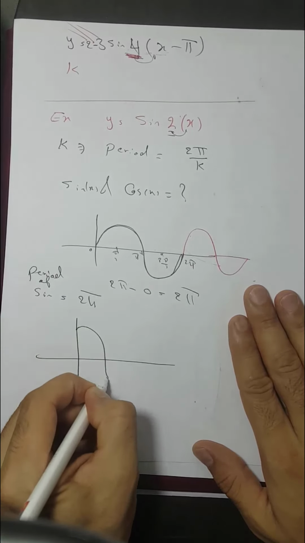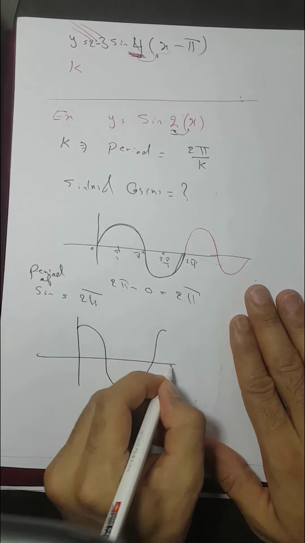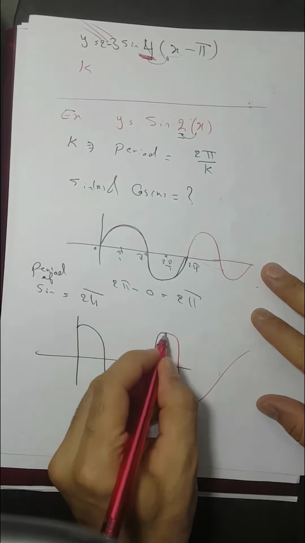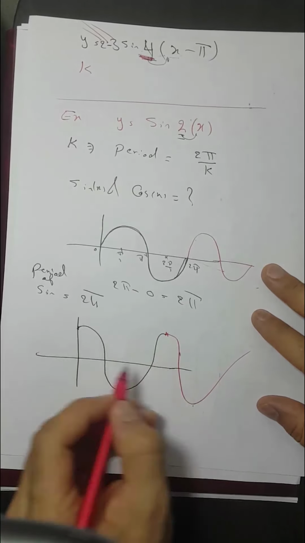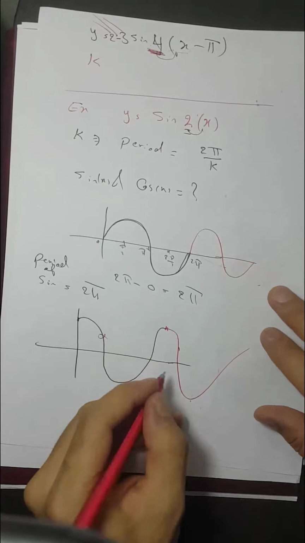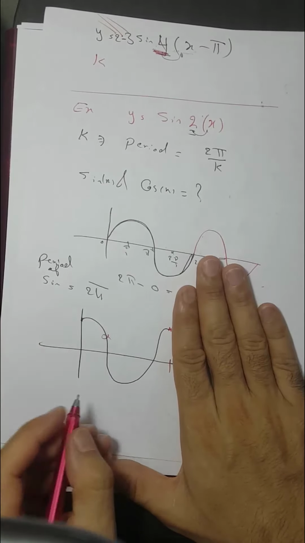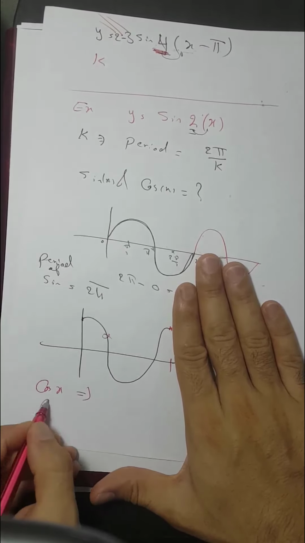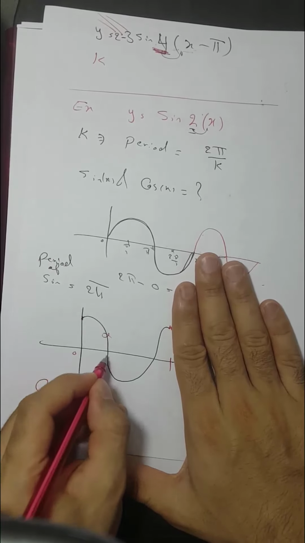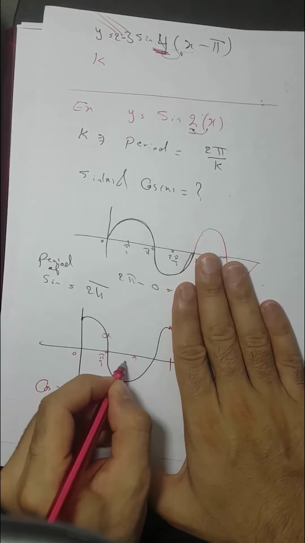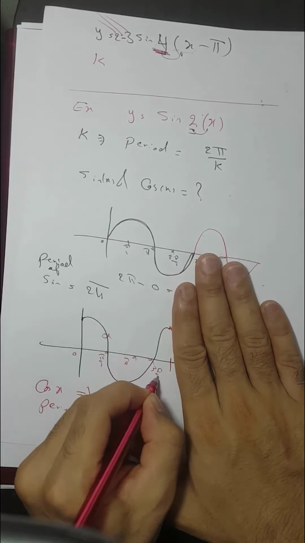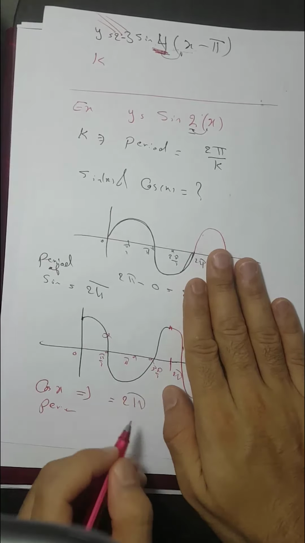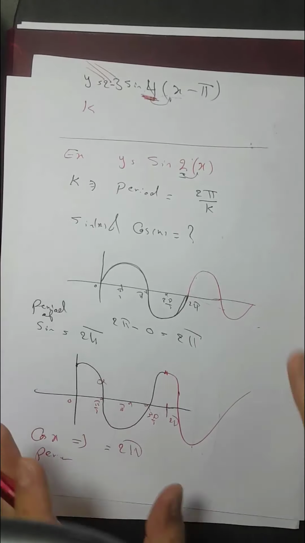The cosine will start from here and go to there, and again. Why do I say again? Because this is the copy of here, and this there, and it goes on. So this is the period of cosine of x, from 0, pi over 2, pi, 3 pi over 2, 2 pi. So the period of cosine is also equal to 2 pi, without any change, without any multiplication.